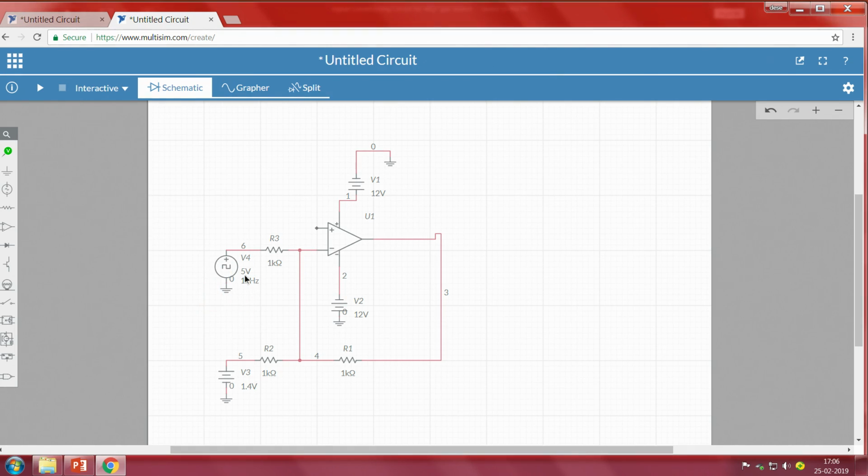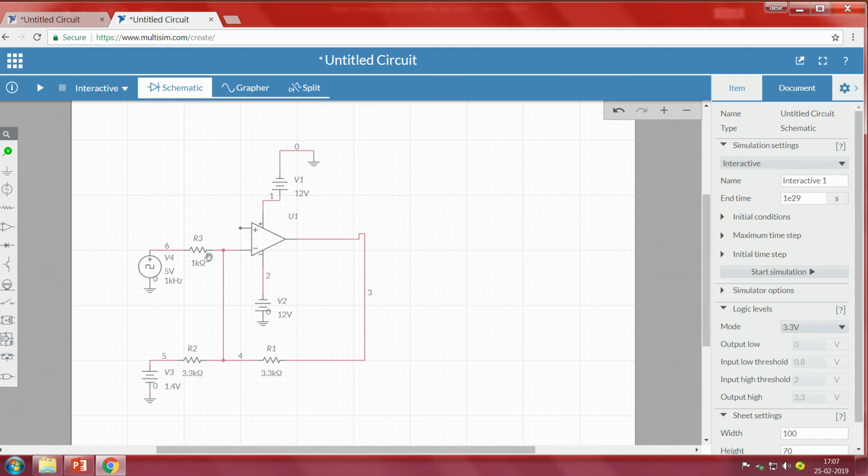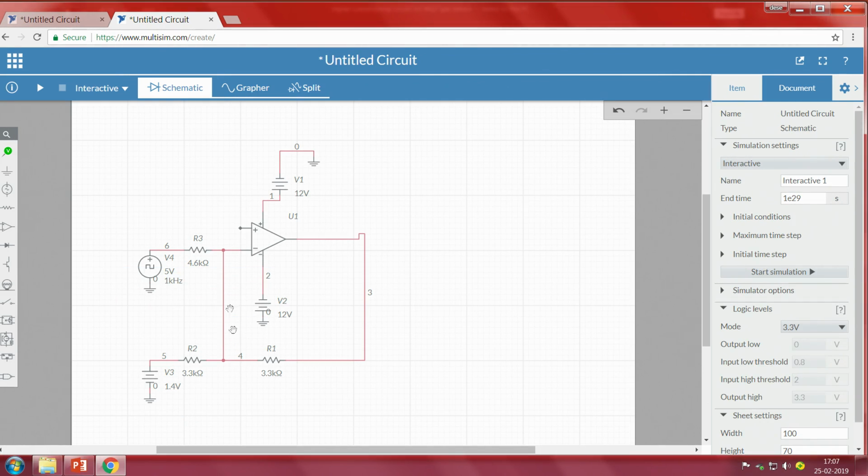So here I have a constant 5 volt here, and now based on our discussion, let's give the values to each of the feedback resistors. So here 3.3K, and then this was 4.6 kilo ohm.